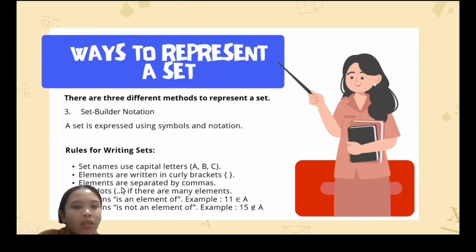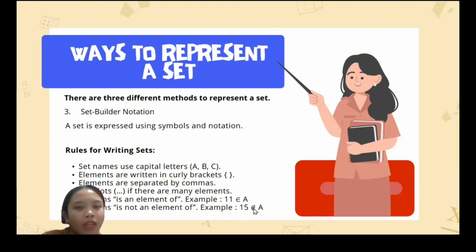Fifth, the symbol ∈ is read as "is an element of" and shows that something belongs to a set. Example, 11 is an element of A. Next, or lastly, the symbol ∉ is read as "is not an element of" and shows that something does not belong to a set.